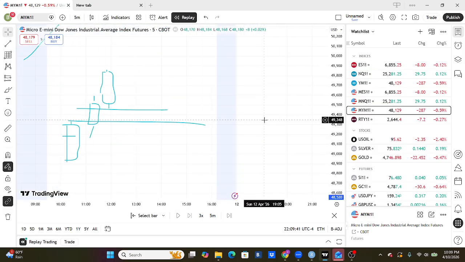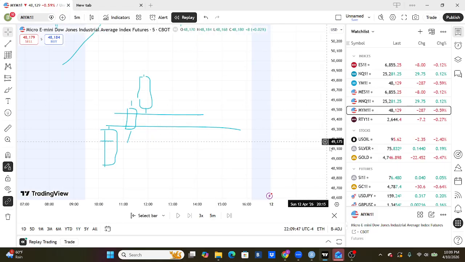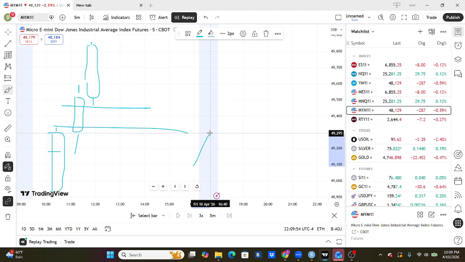So looking at the fair value gaps, this is primarily based on volume. In an efficient bullish market, price would look a little bit like this.